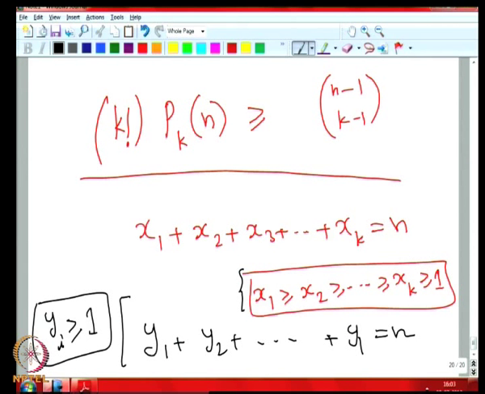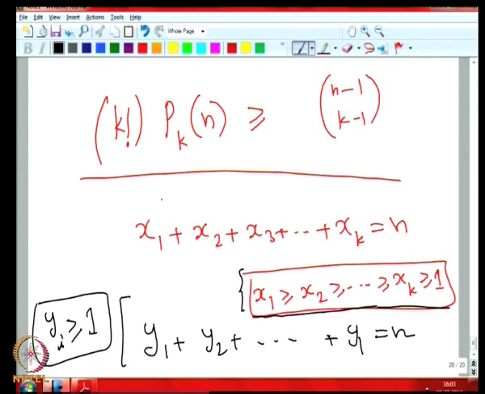So, what is the difference between these two? The only difference is that here we have x1 greater than or equal to x2, and so on. What we can notice is, if we get one solution for x1, x2, up to xk, then we can try to permute that solution.